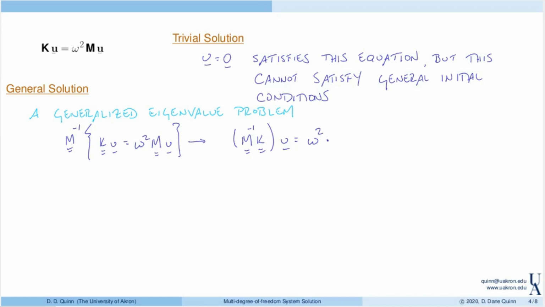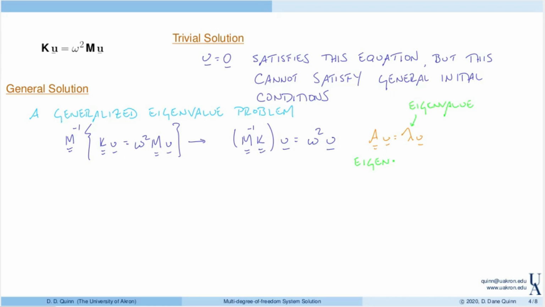omega squared times u. Now this is looking closer to a standard eigenvalue problem, which is often written as A u equals lambda u. Here, lambda is an eigenvalue, and u is an eigenvector.